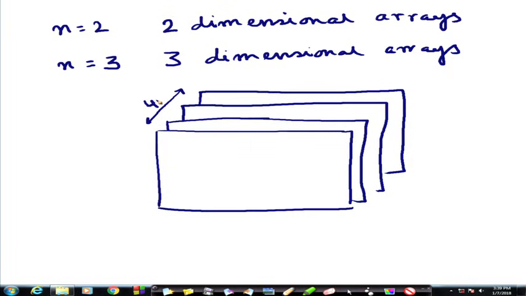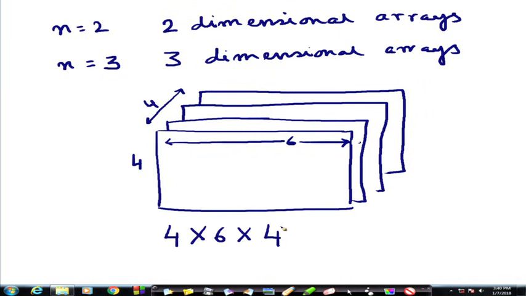Each of these may be 4 rows and 6 columns. So, this 3 dimensional array will be 4 rows, 6 columns and 4 such two dimensional arrays arranged one after another.